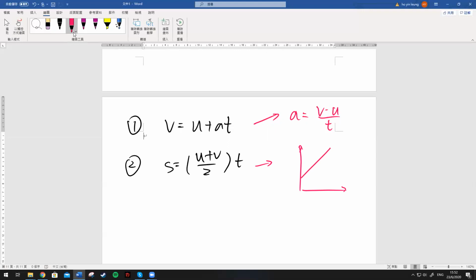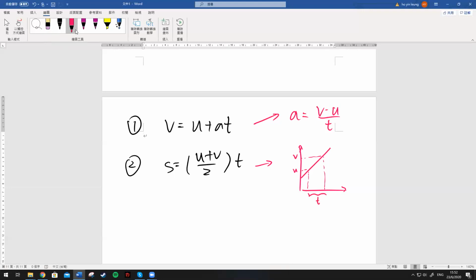Remember the area under the graph gives us the displacement. If you look at this diagram, this is U, this is V. Sorry, I made a wrong label here. It should be this one. This one is U, this one is V, and this is over a time interval T.